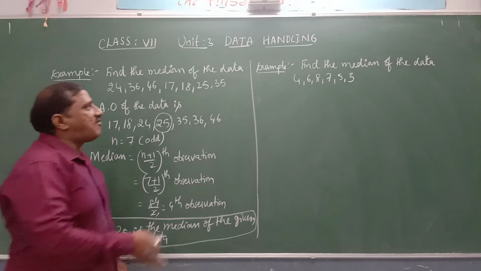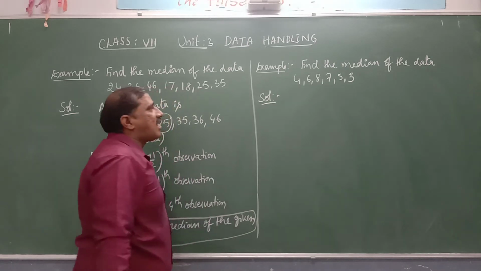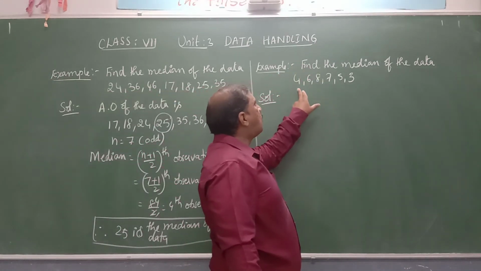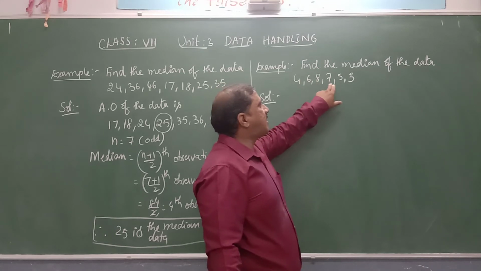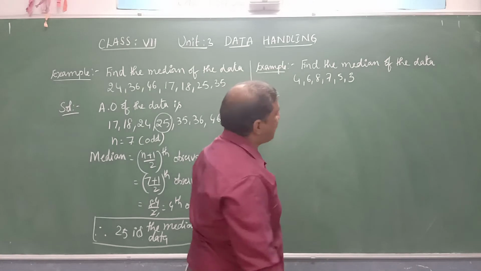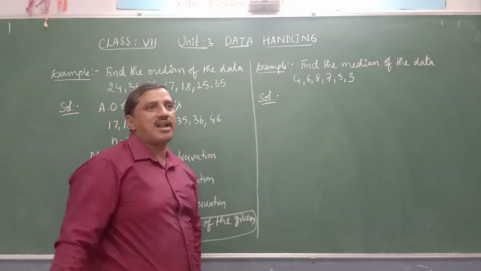Now if there is an even number of observations, then how do we calculate the median? Find the median of the data 4, 6, 8, 7, 5, 3. How many observations are there here? 6 observations, an even number. How do we calculate the median?